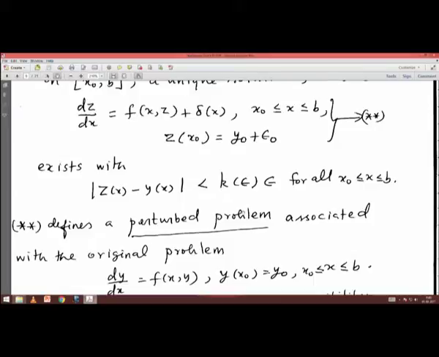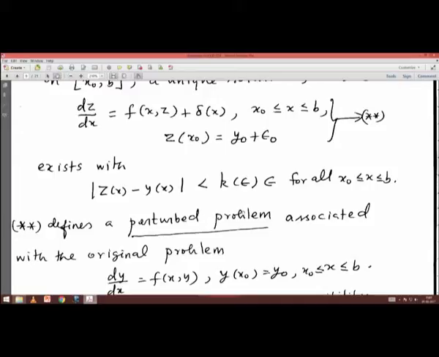It is a new problem because I have an additional term here, plus delta of x. This delta of x is the small perturbation which I give to f, so that I have a resulting new problem for the unknown z in the same interval where x lies between x naught and b.